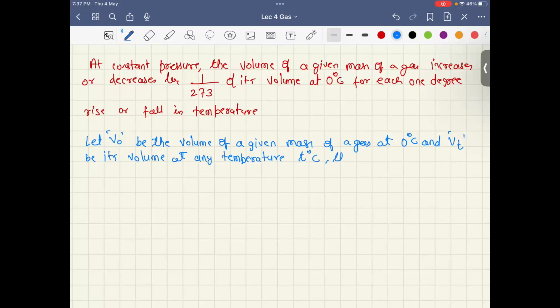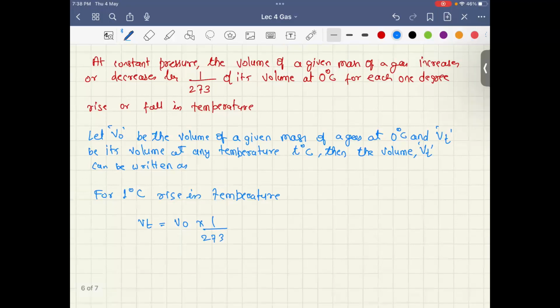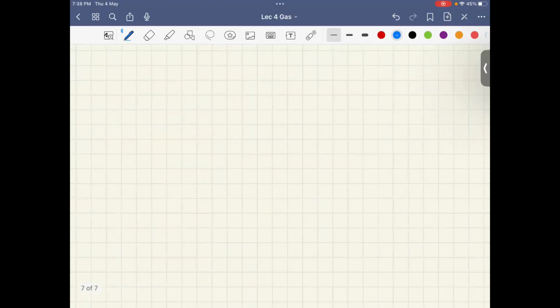Then for 1 degree rise in temperature, Vt is going to be V0 multiplied by 1 by 273. For T degree rise in temperature, Vt is going to be V0 multiplied by 1 by 273 multiplied by T, right?